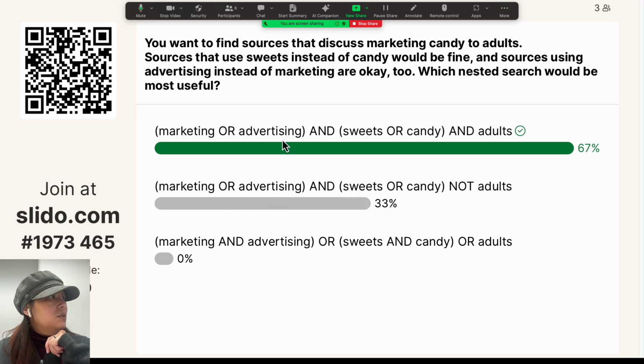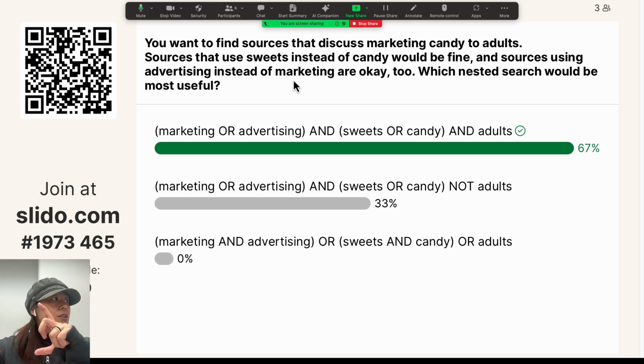So why this one and not the others? It says here, you want to find sources that discuss marketing candy to adults, sources that use sweets instead of candy. So your synonyms here are sweets and candy. Those go in one circle. Sources using advertising instead of marketing are okay.